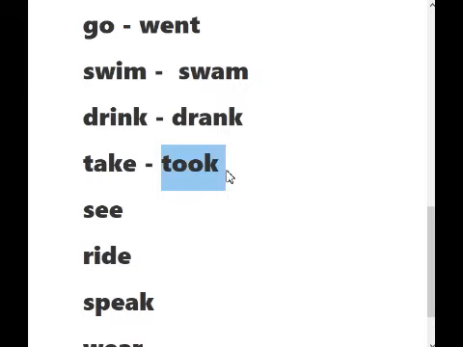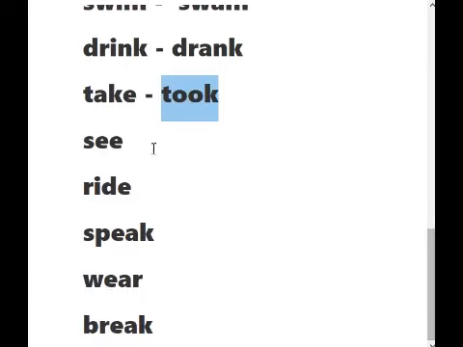So it won't be changed. If you do it again and again, an always-repeated action, please use take. If it's finished, please use took. I took a shower yesterday.